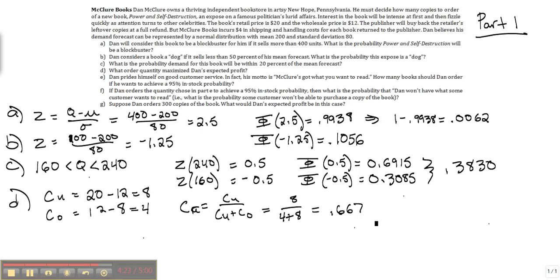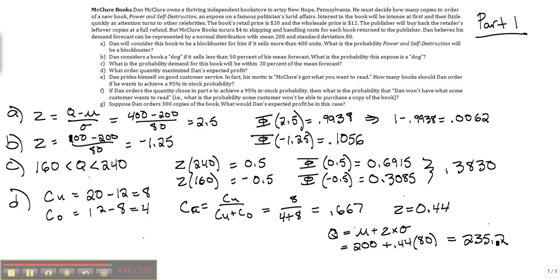But we can use the roundup rule and choose the z that's equal to 0.44. Finally, we can convert this z into an order quantity using the formula that the mean plus z times the standard deviation, or 200 plus 0.44 times 80, which is equal to an order quantity of 234.2 units.